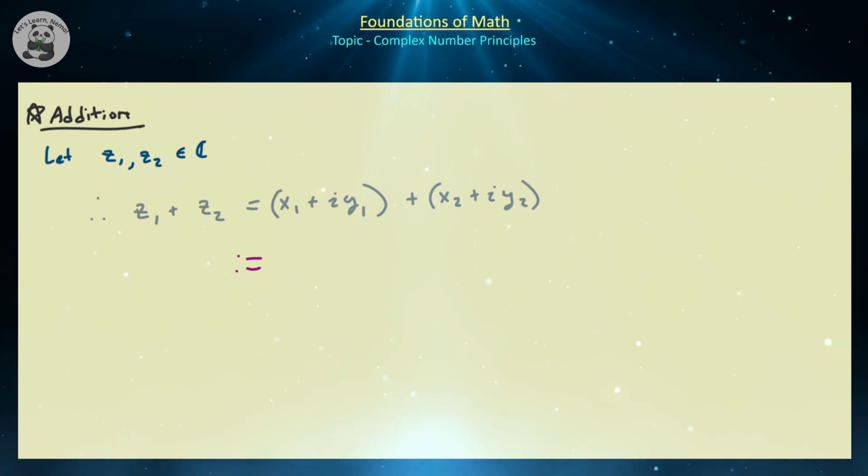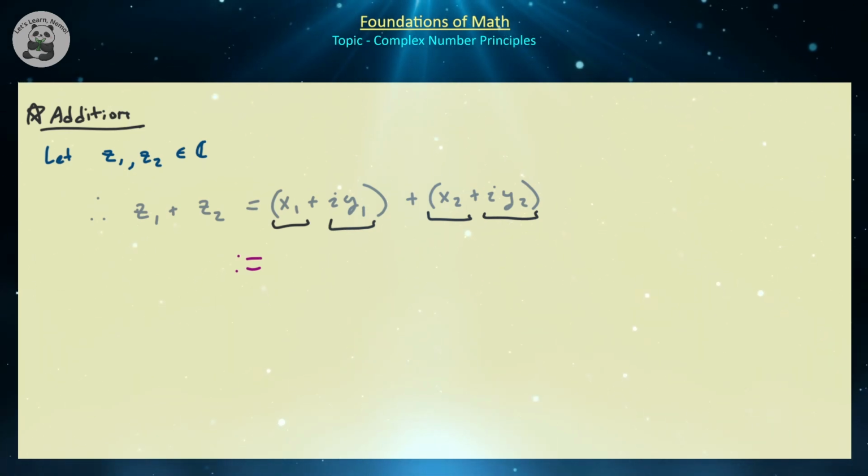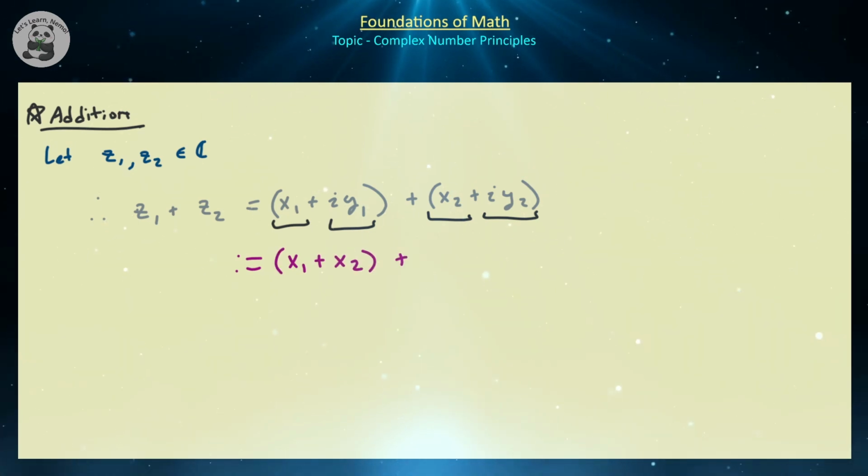Well, if we look at what we have here, we're tempted to combine like terms, i.e. combine the real parts and combine the imaginary parts together, and in fact that's what we're going to define this to be. So it's going to be equal to x1 plus x2 plus i times y1 plus y2, right?